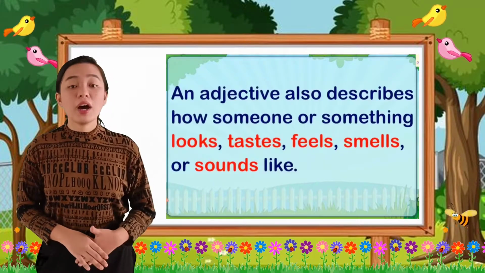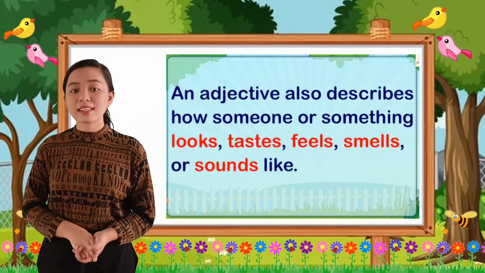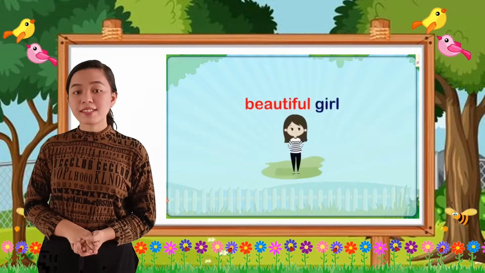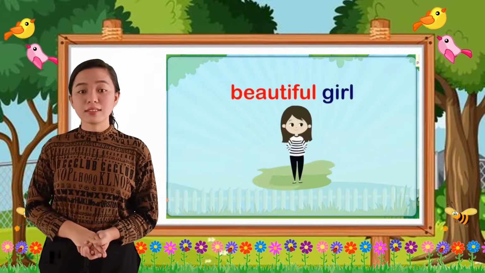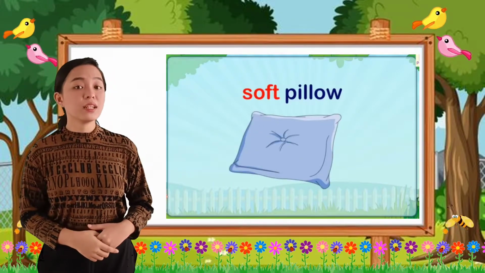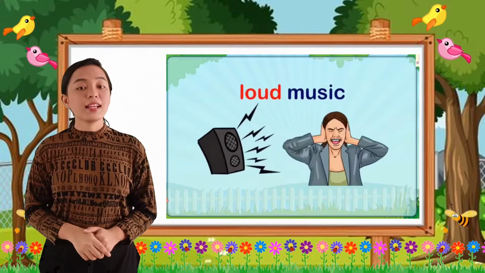An adjective also describes how someone or something looks, tastes, feels, smells, or sounds like. For example, beautiful girl, salty chips, soft pillow, fresh fragrance, loud music.